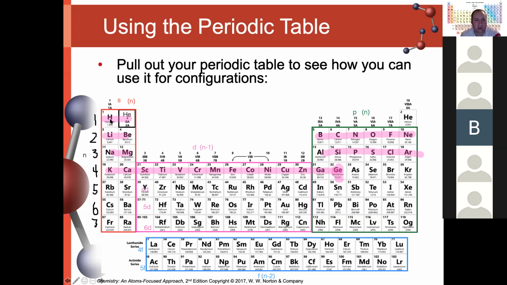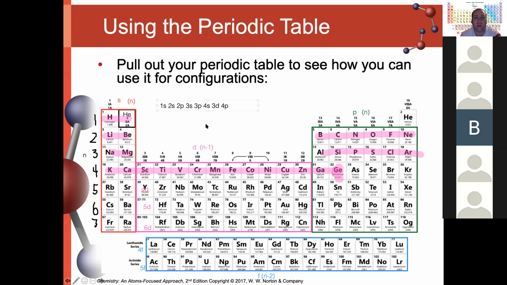Well, starting at the top, I have 1s, then 2s, then 2p, then 3s, then 3p, then 4s, then 3d, and then finally we get to where germanium is in the 4p.